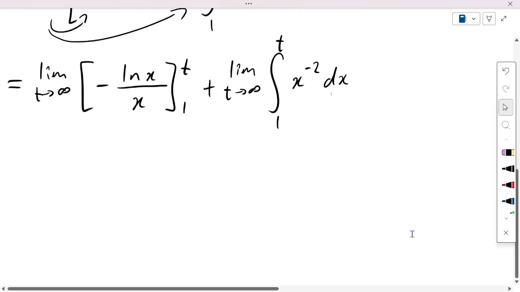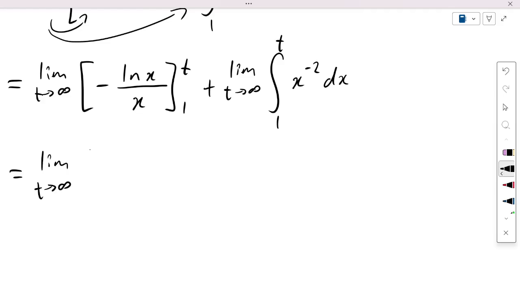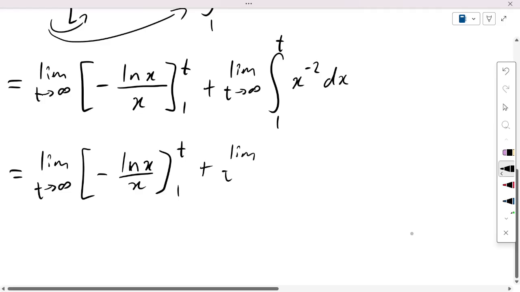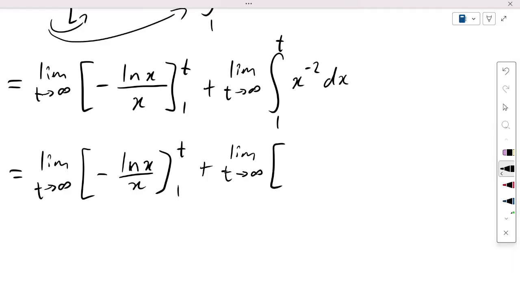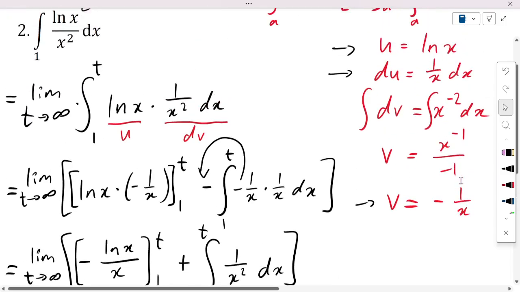Now we can actually integrate this. This is equal to the limit as t approaches infinity of negative natural log of x over x, from 1 to t, plus the limit as t approaches infinity, and now we're going to integrate and put our brackets here. Wait, didn't we already integrate that?